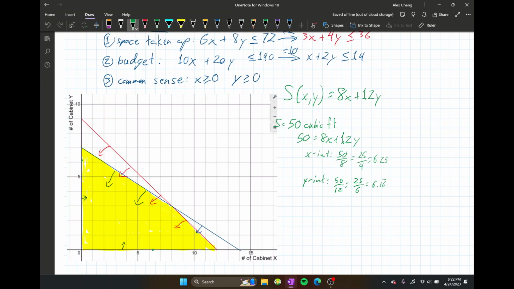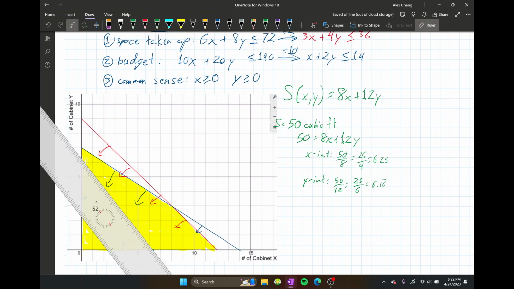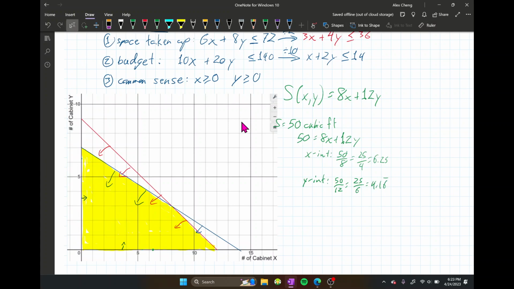And this is what our line should look like for that specific value of s. Slight mistake: my y-intercept should actually be 4.16. Excuse me, hopefully you caught that before I did. So that would be somewhere around here. This is what our line should look like.